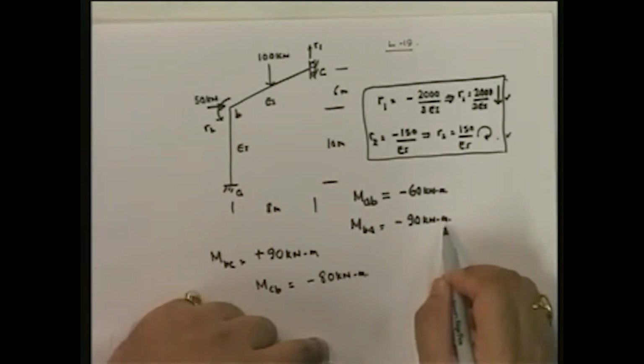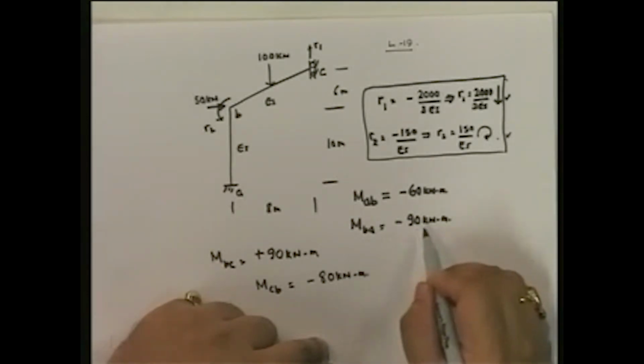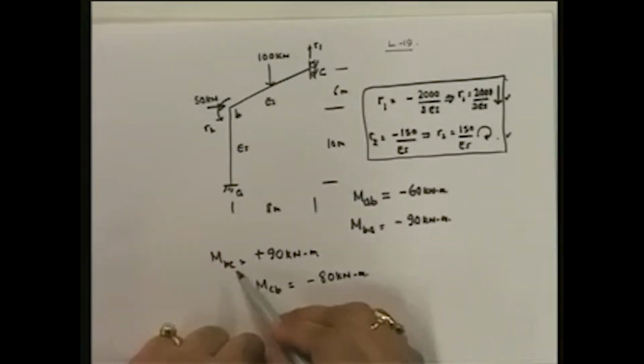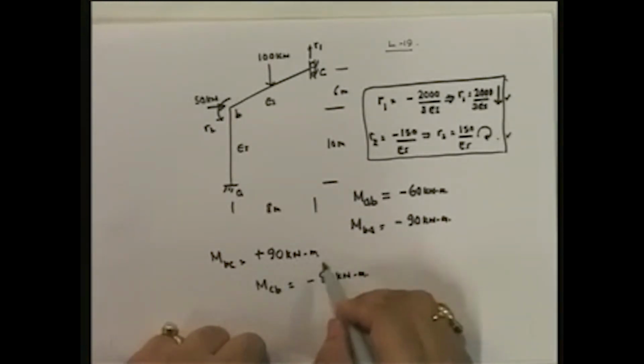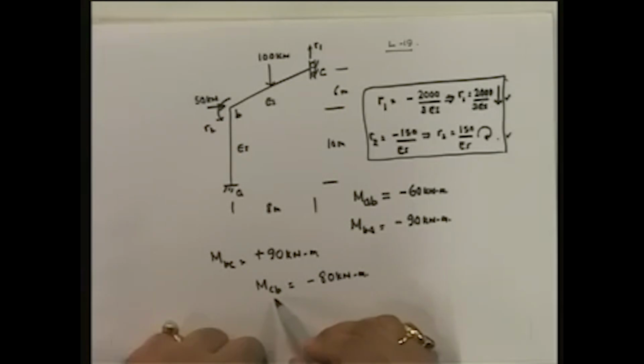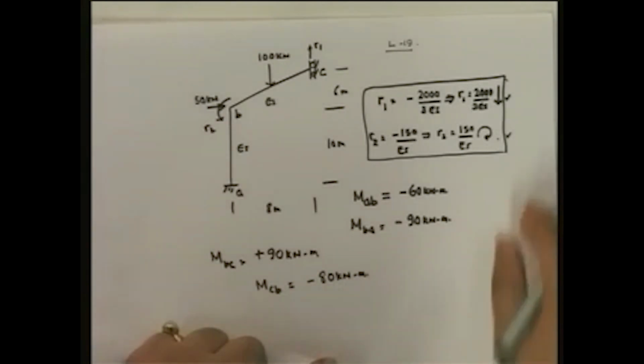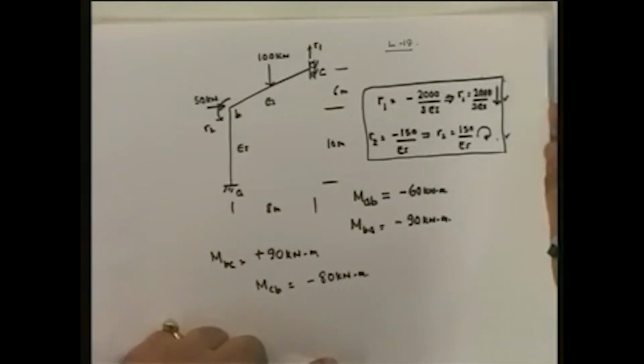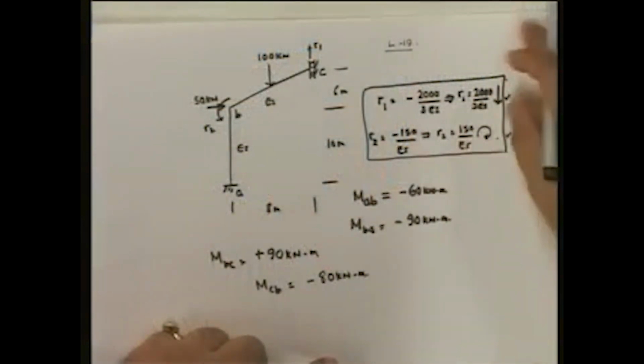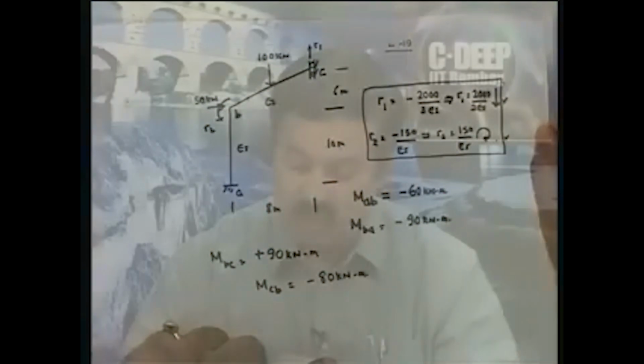MBA is minus 90 kilonewton meter, which basically means MBA is clockwise 90. MBC is plus 90, which essentially means it's counterclockwise. And MCB is minus 80, which means it's clockwise. Now these can be obtained directly by substituting these values into the equations for MAB, MBA, MBC and MCB. What does that mean? Once we have found those out, what do we do?